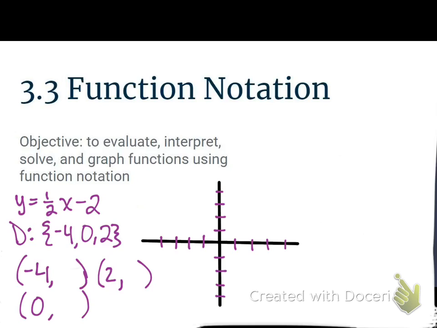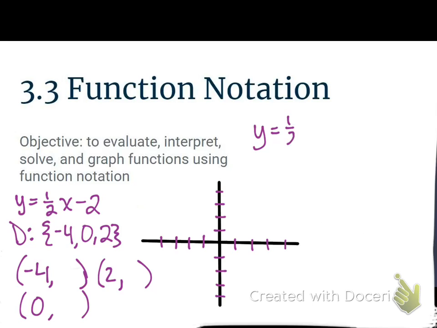In order to find those y values or find the range, what am I going to do with my x's? I have my x's, I need to find my y's. What am I going to do? Plug them in. So if I want to know the y value that goes with -4, I'm going to plug in -4 for x.